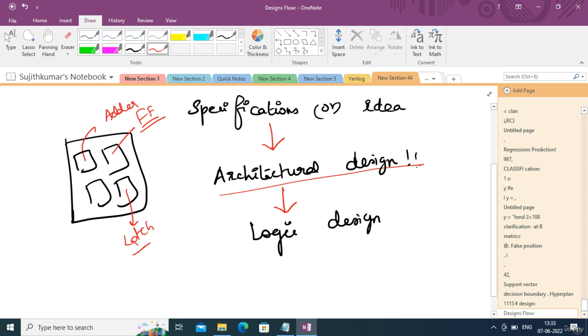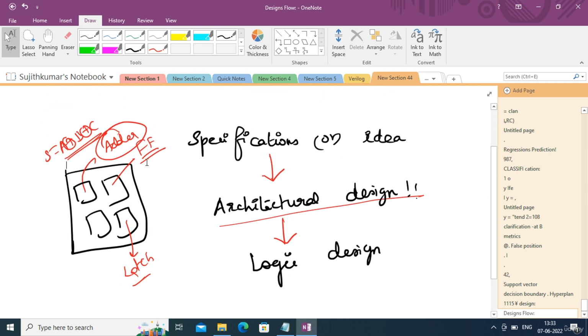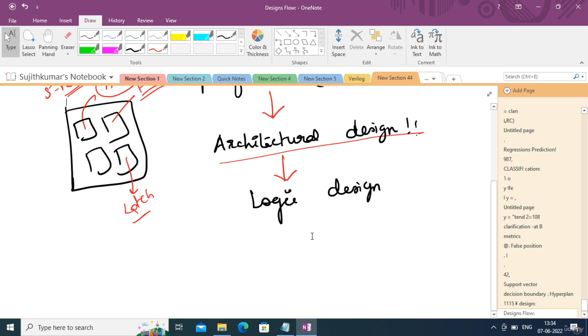And we have to design the logic of these blocks in the logic design part. You know the logic, right? For an adder, you know the logic, sum equal to A XOR B XOR C. It is very important to have a grasp on digital electronics to understand this VLSI design. Only if you understood digital electronics very well, you will be able to understand this subject also. So logic design is where you know the logic of all the blocks, right?